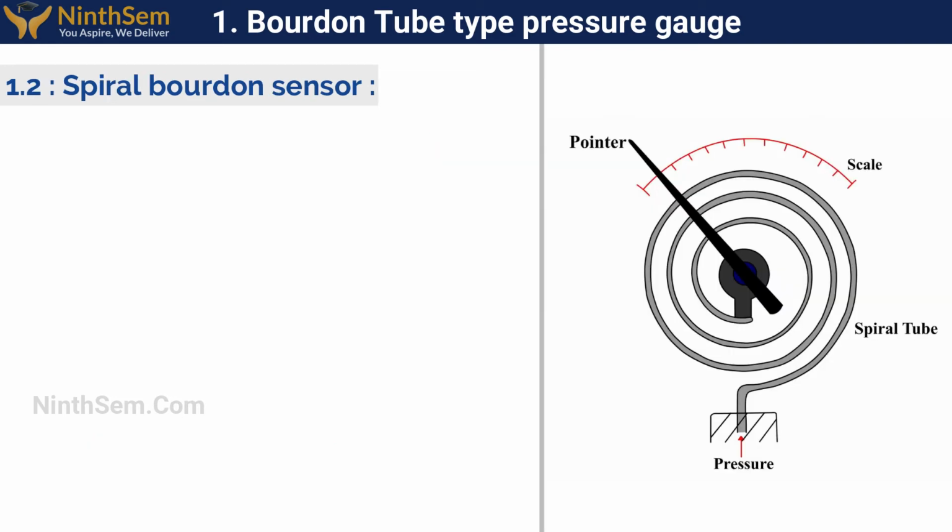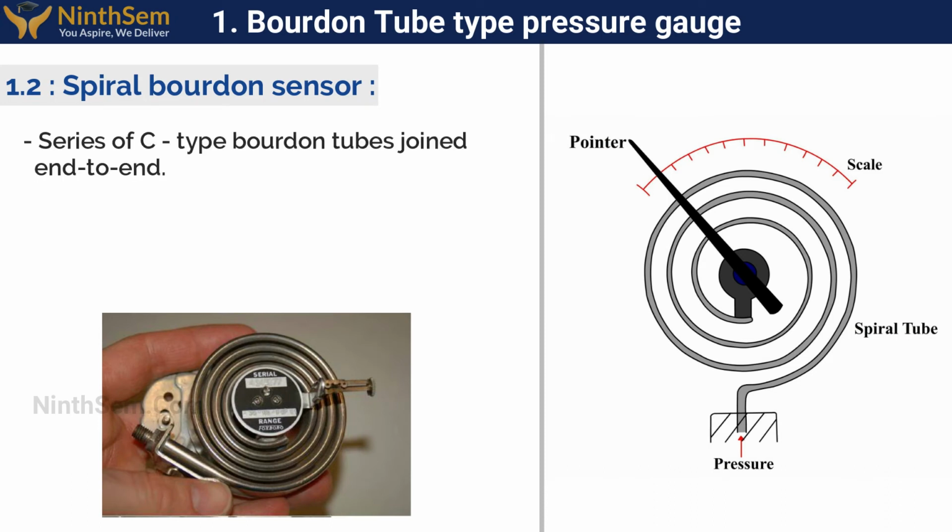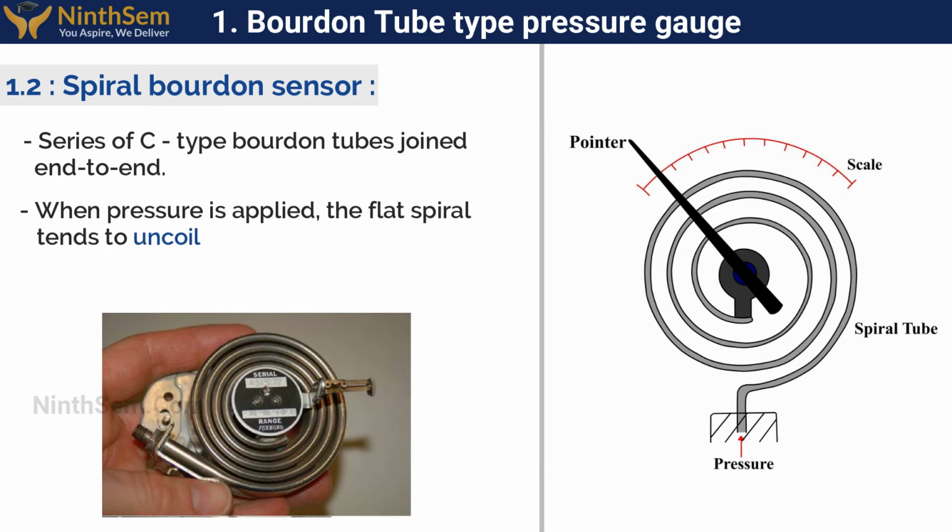Another type of Bourdon tube is called the spiral Bourdon sensor. Here they are in the form of a series of C Bourdon tubes joined end to end, as you can see in the figure. When pressure is applied to this spiral type Bourdon tube, that is, when it is pressurized, the flat spiral tends to uncoil, so that it produces a greater movement of the free end, which is attached to a pointer over a measuring scale which shows the pressure.